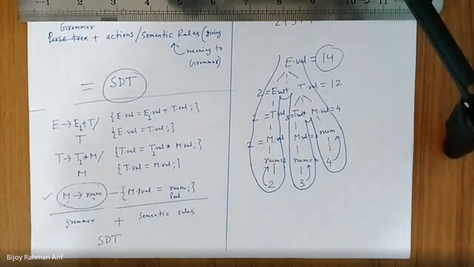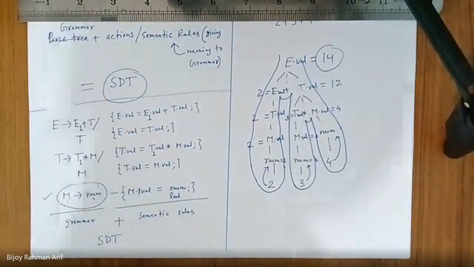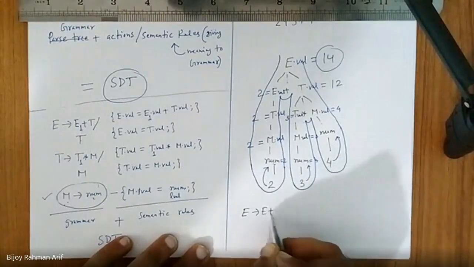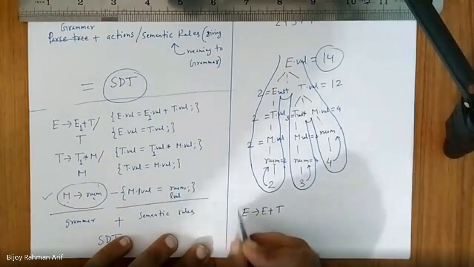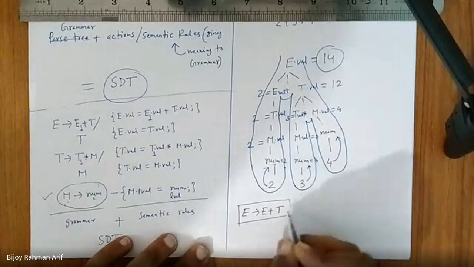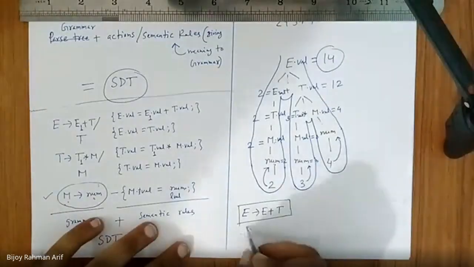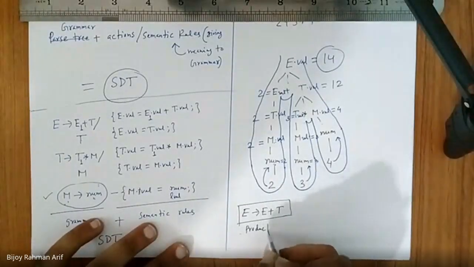Okay, now what is this called? E derives E plus T. What is this called? What is the name of this? Sir, a production. A production. What is this thing?